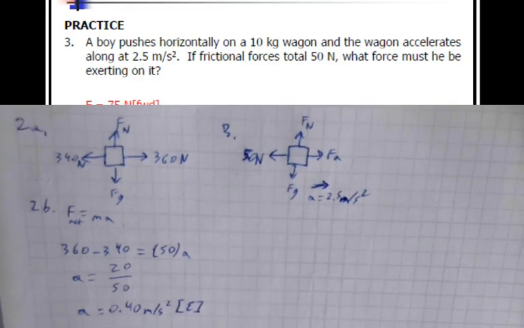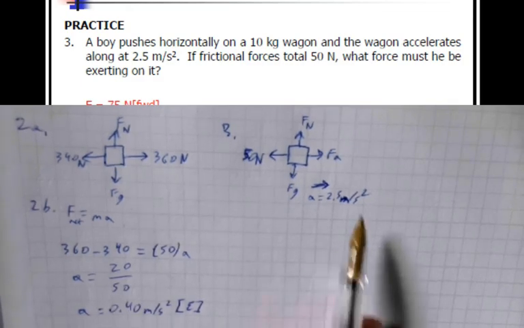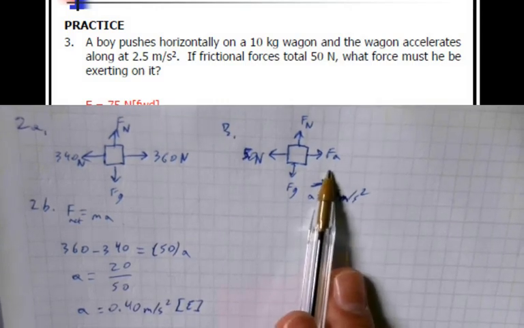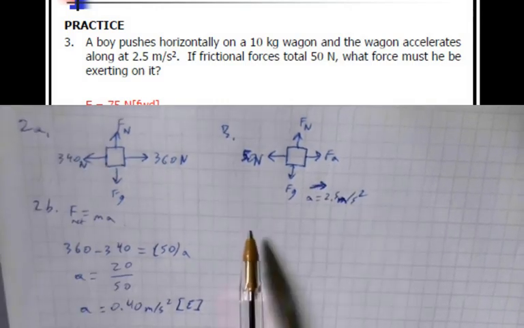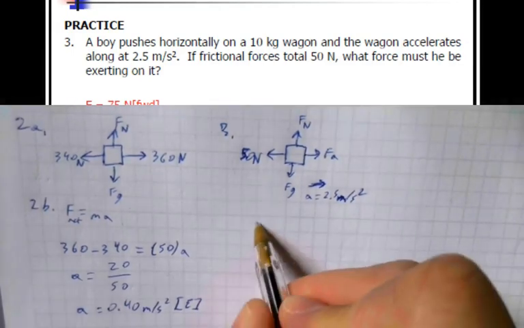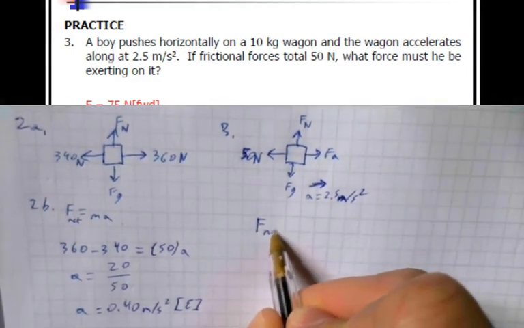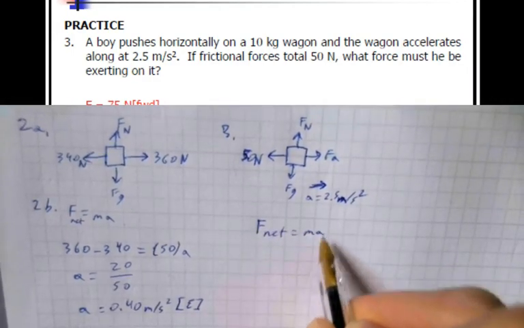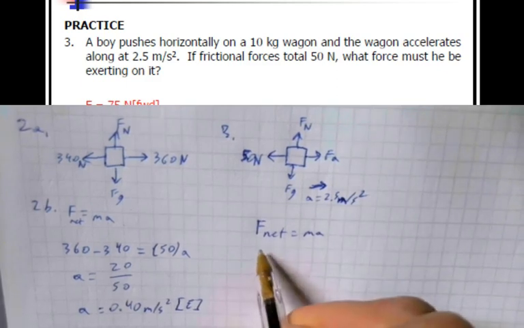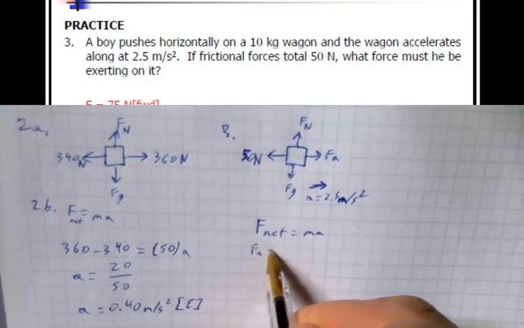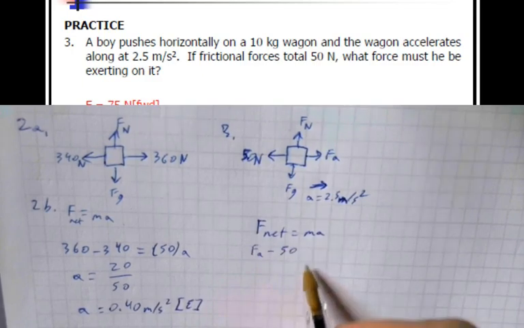The question again asks, what is this force? So we have to find that FA. And we're given enough information. We know F net equals MA. And we know F net is equal to FA minus 50 in this case.